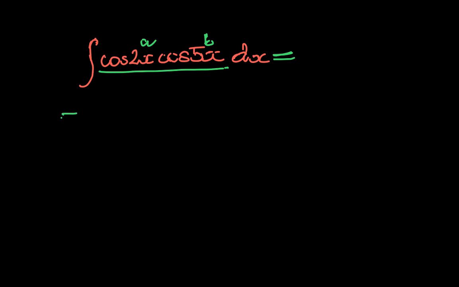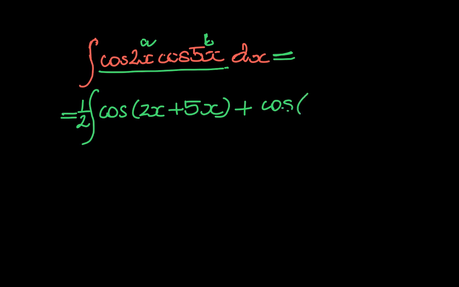Please be careful not to lose the integration sign. It's still the integral of the sum. So if I have cos and a cos, that's the third of the formulas given, so the constant a half, and now we've got cos of the sum of the two angles, so it's 2x plus 5x, plus cos of a subtraction of two angles, 2x minus 5x.